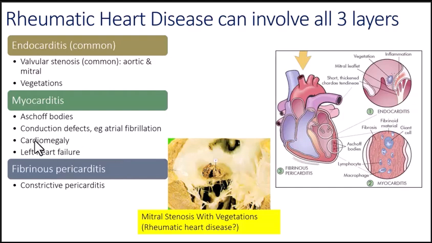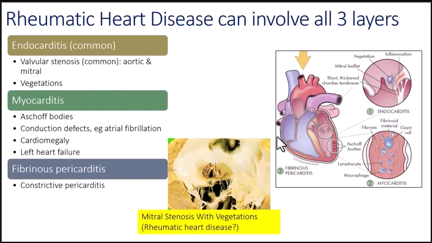Another effect that can be seen is called cardiomegaly, and this is an enlarged heart, but not in the way you might think of with hypertrophy. Instead, the chambers can become so dilated that the heart appears larger. The heart can be impacted enough that it fails to function properly.